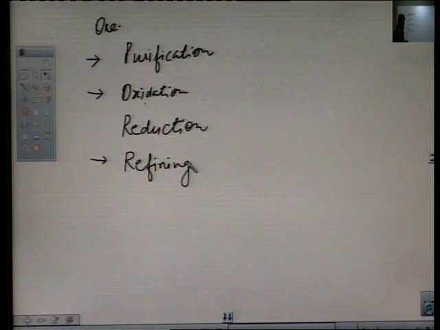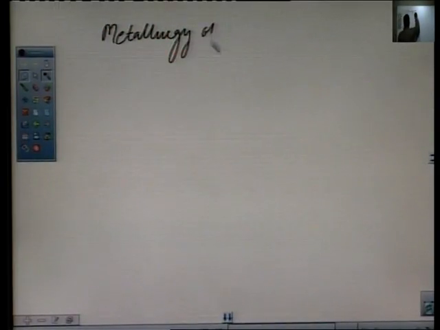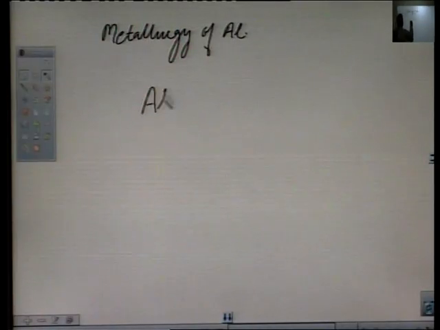So, today we are particular about the metallurgy of aluminium. The atomic number of aluminium is 13 and the atomic weight is 27. Aluminium is not found in the native state, but it is available in the combined state.